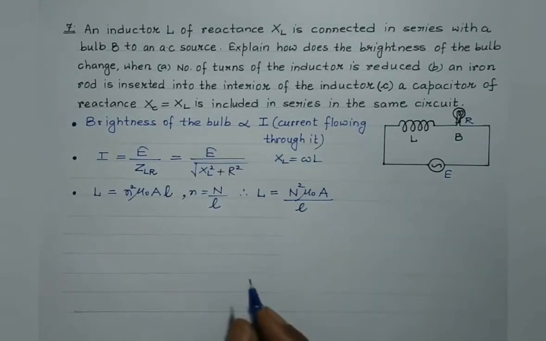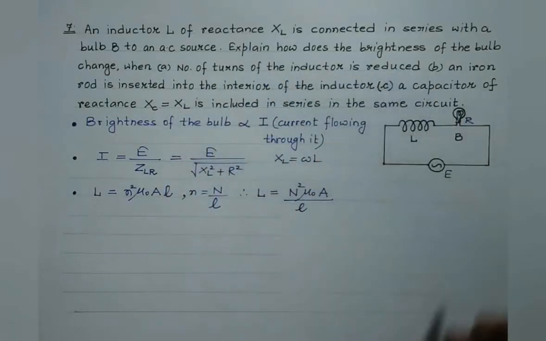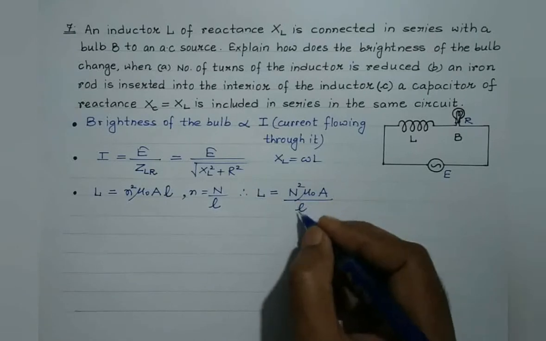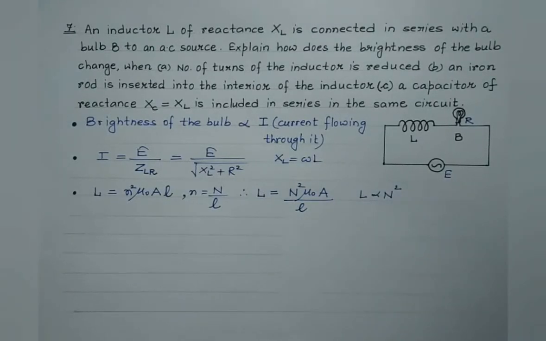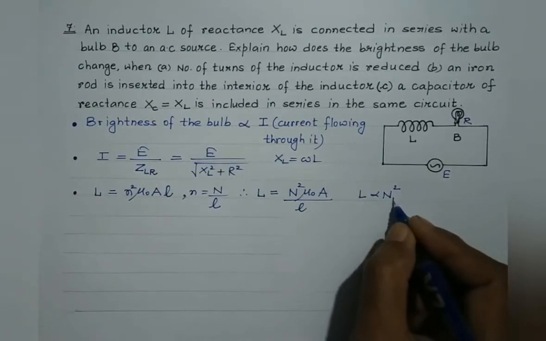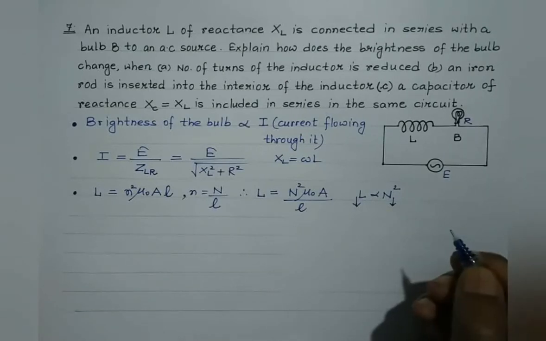Now let's try to attempt the first question. When the number of turns of the inductor is reduced, keeping all the factors constant, L is directly proportional to N square. So obviously, when the number of turns in the inductor is reduced, the value of inductance will also get reduced.